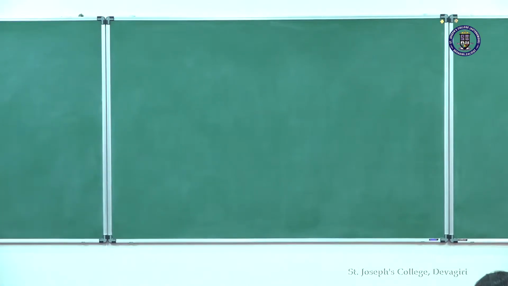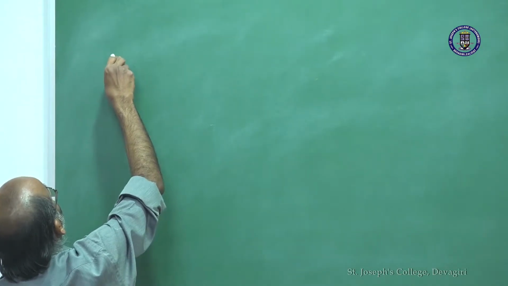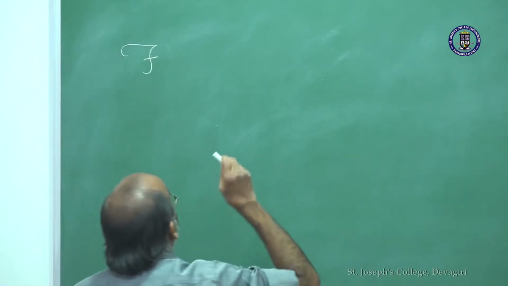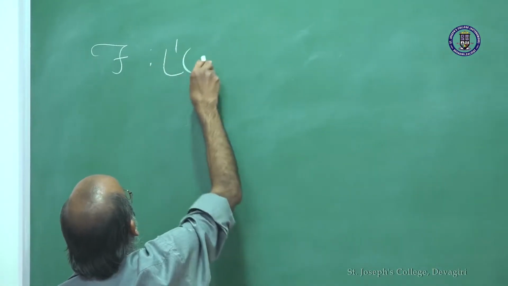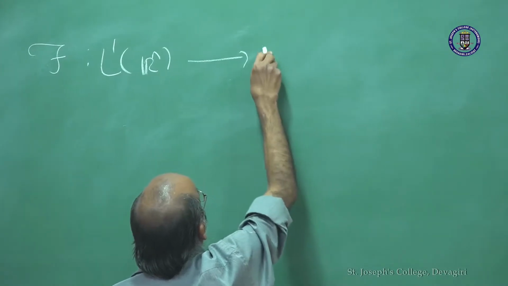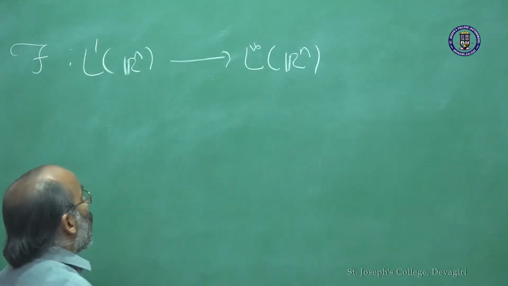But how do we define the Fourier transform for LP functions? So, we start with L1 and L infinity and so on. I have let us say script F. We know that it takes L1 of Rn to C0, but let us say L infinity; in fact, it goes to C0 by the Riemann-Lebesgue lemma.